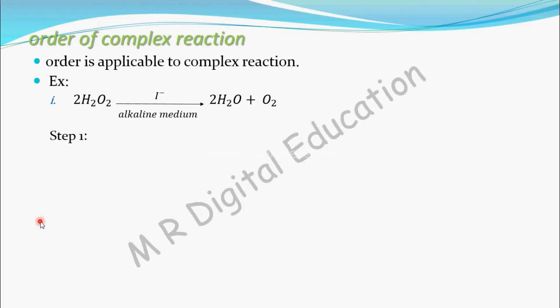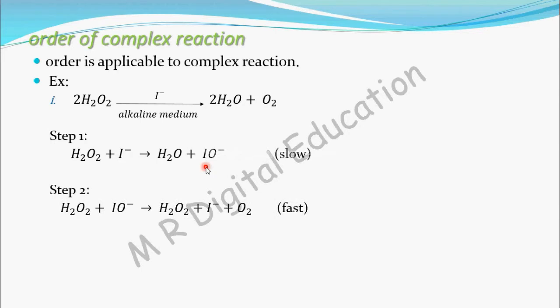In step 1, one molecule of H2O2 will combine with one molecule of I minus ion to give you one molecule of H2O and one molecule of intermediate compound. See, this is the intermediate compound. In the second step, one molecule of this intermediate compound will combine with one more molecule of H2O2 to give you H2O, I minus and O2.